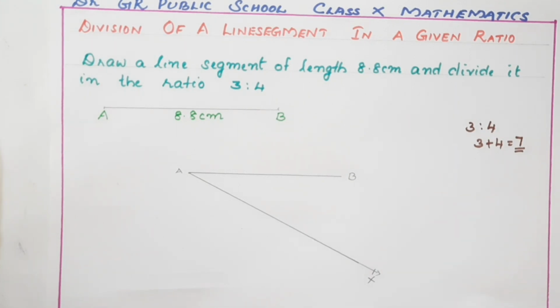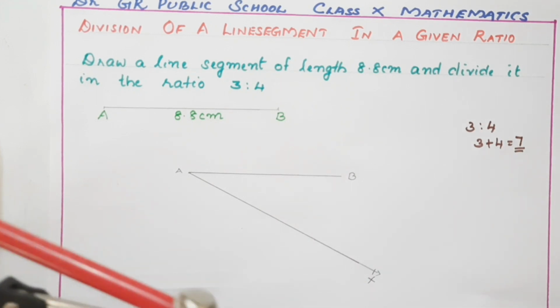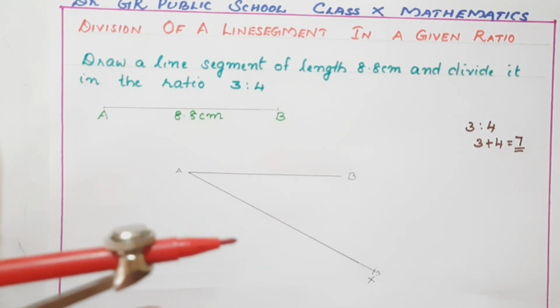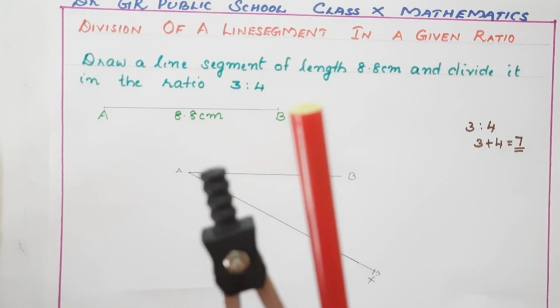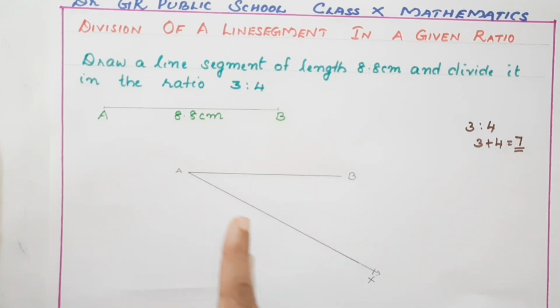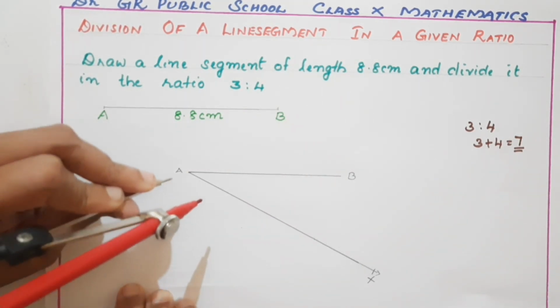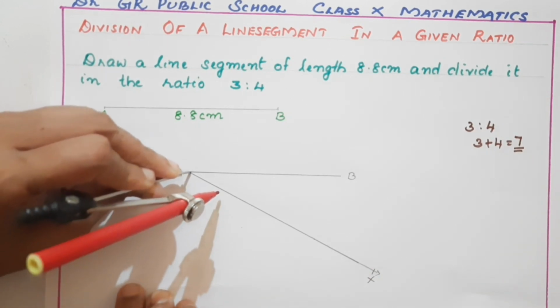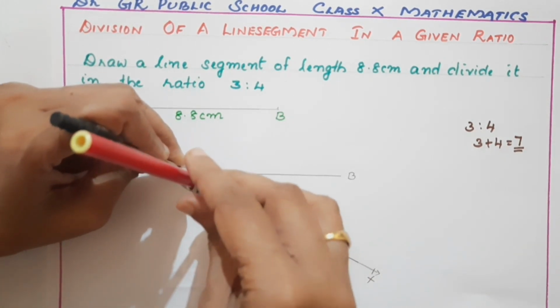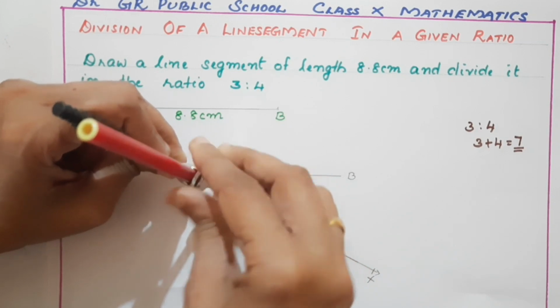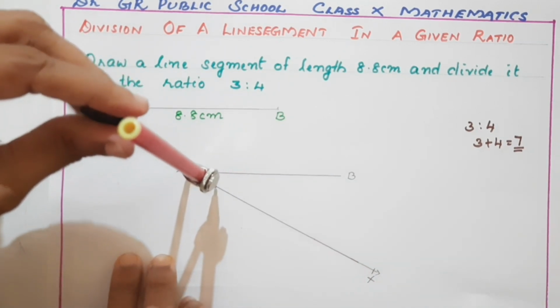we have to take the compass and pencil, and you can choose any radius in the compass, but you should get 7 equal parts on this line segment. Okay, so for that adjust the compass, and from the A we have to start like this. Adjust the compass because you should get 7 equal parts.